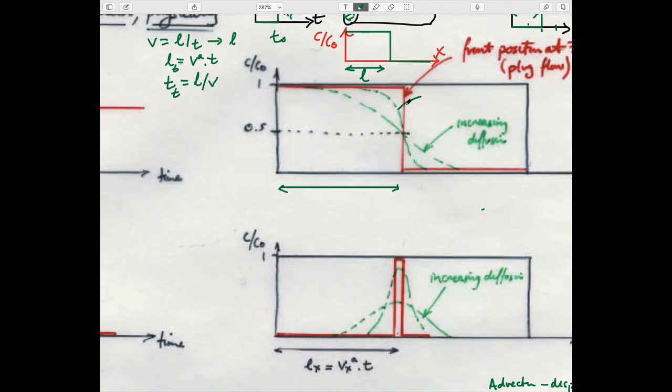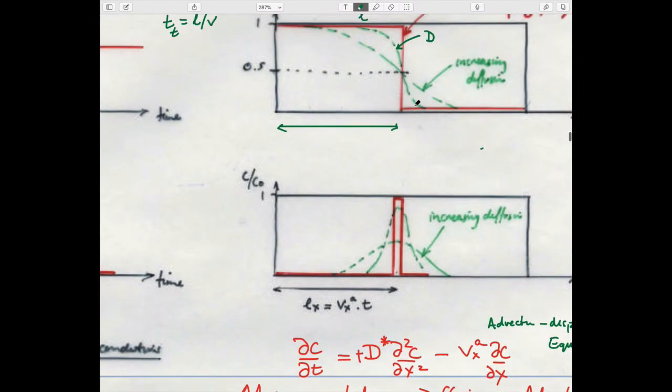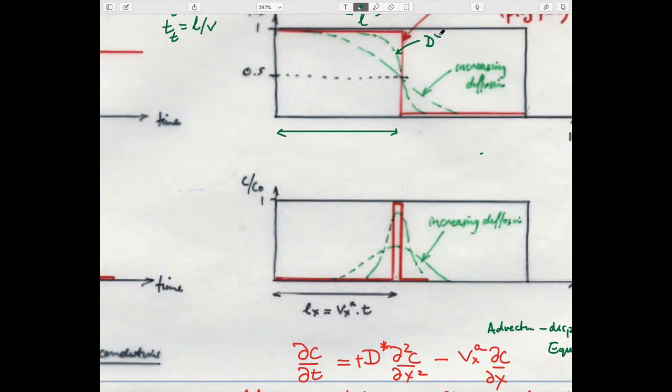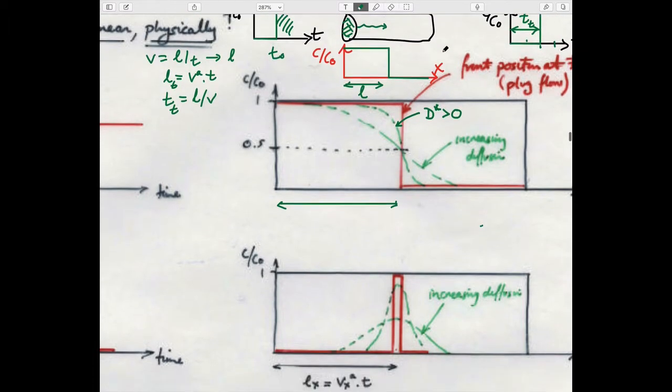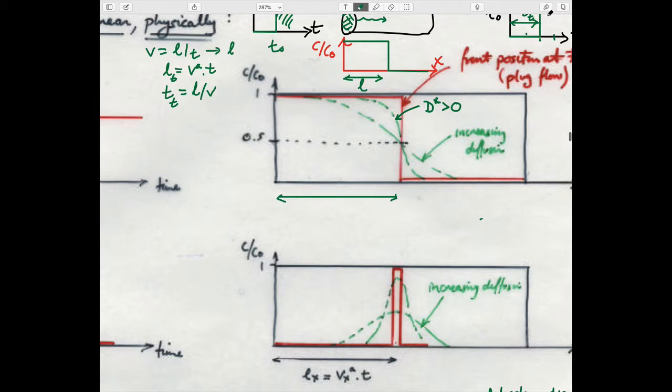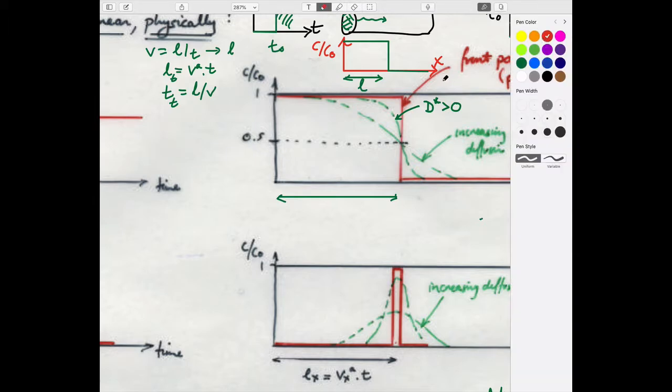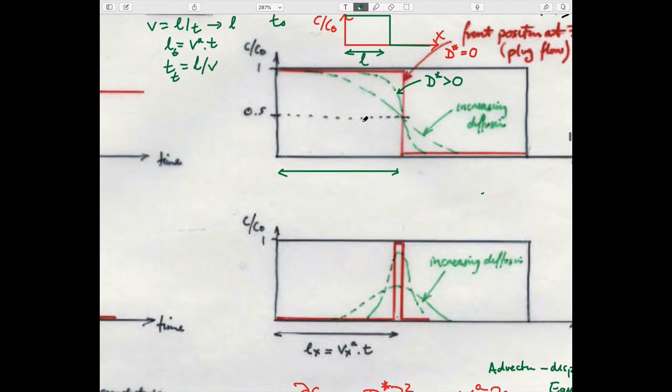So this would be where d star, in this equation at the bottom, is greater than 0. The red curve is where d star is equal 0. And this curve here would be where d star, the dispersion coefficient, is much greater than 0.